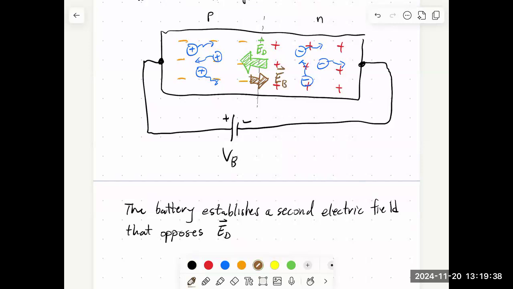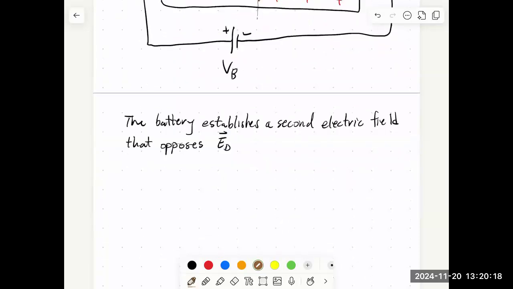And what's interesting about this one is that I can manipulate how big the battery electric field is just by changing the voltage, right? If I want to increase this, I just increase the voltage a bit. I can decrease it by decreasing the voltage. And you can see what's going to happen as I increase this battery voltage: the electric field EB gets bigger, and it compensates for this depletion electric field, and it makes it easier for charges to cross this junction. The potential barrier gets lower, and so there's more charge that's able to cross the junction.